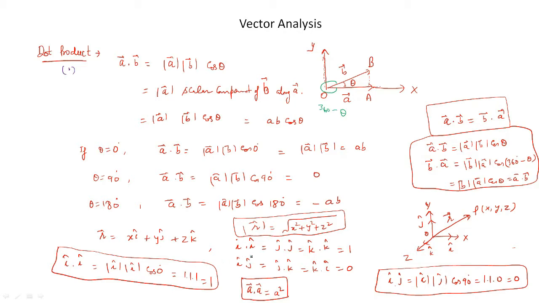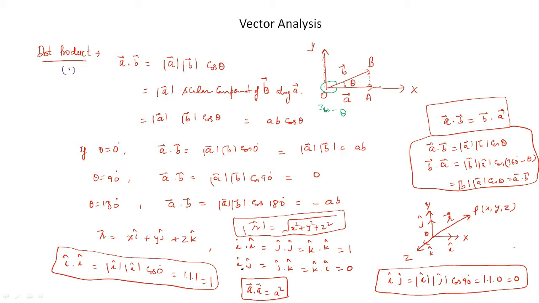Now we can define the scalar product of the unit vectors. Here i, j, k are the unit vectors, where i is the unit vector along the x-axis, j is the unit vector along the y-axis and k is the unit vector along the z-axis. So here you can see that i dot i is equal to j dot j is equal to k dot k, and it is equal to 1.